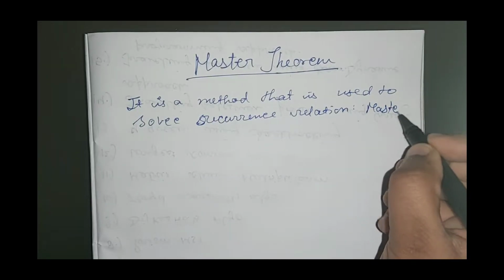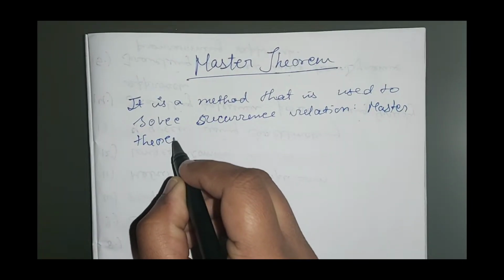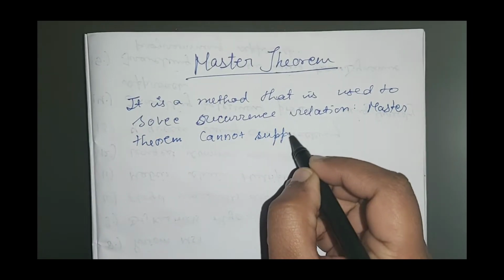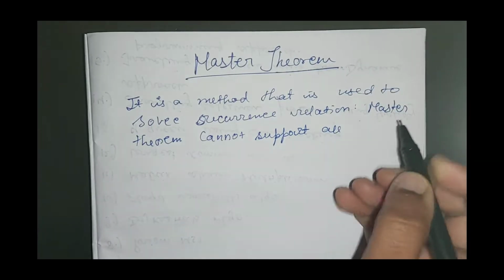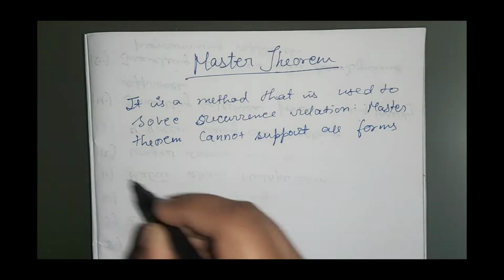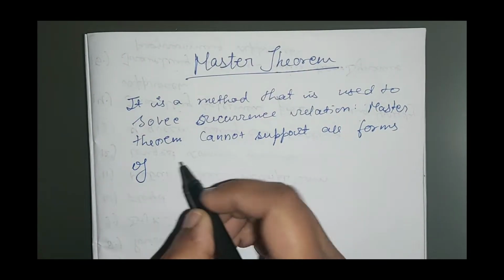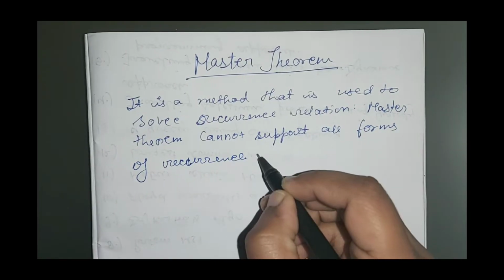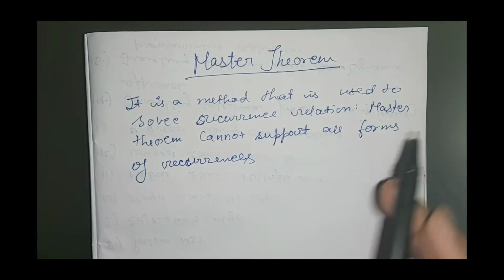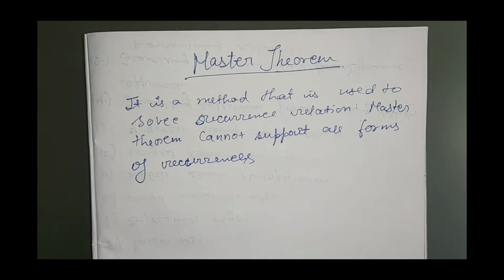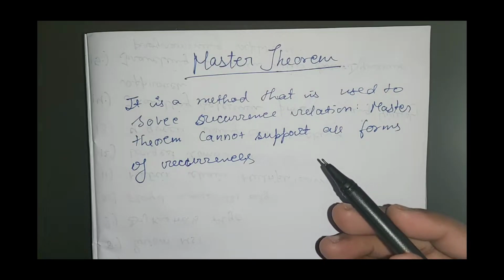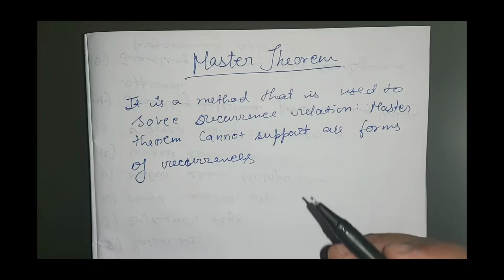Master theorem cannot support all forms of recurrences. Master theorem is not capable of solving all types of recurrence relations. There is something that has to be fulfilled for a recurrence relation to be solved by master theorem.